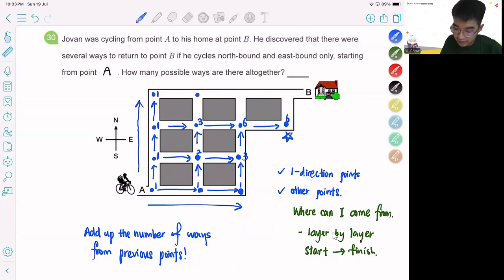Starting from here, right? 1 plus 3 is 4. Then 4 plus 6, this point, there are 10 ways. Finally, to reach B, 10 plus 6, there are 16 ways. So my answer is 16. All right. So here is another application of the shortest path question, which you can expect more in the next mock test as well. Okay. So yeah, that's how we do this question.